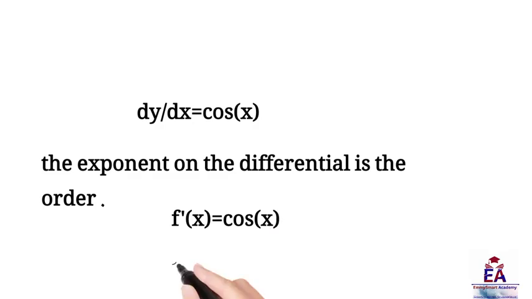Or you can write it as y prime equal to cos x. So y prime means the first differential, which is first order. So that is a first order differential equation. Okay.